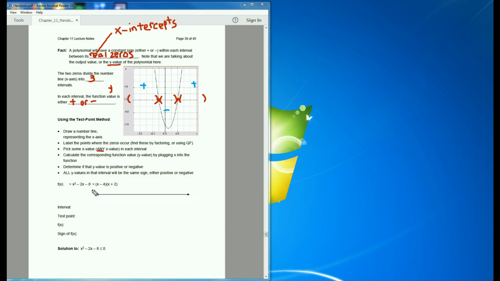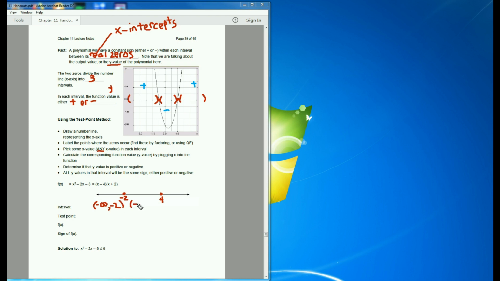So again, same quadratic we looked at on the previous page, which is plotted right here, and we had already factored it. So from this we know that the zeros are -2 and 4. So this interval is -infinity to -2.